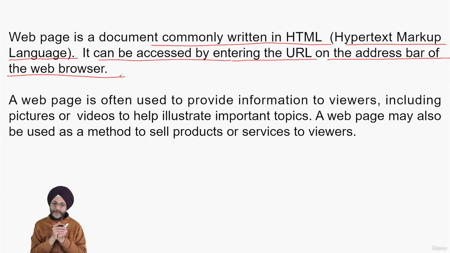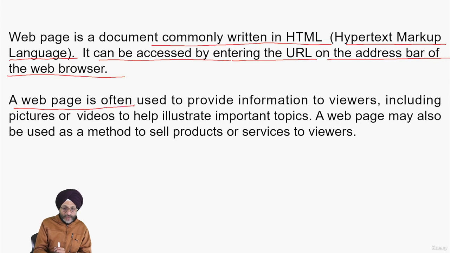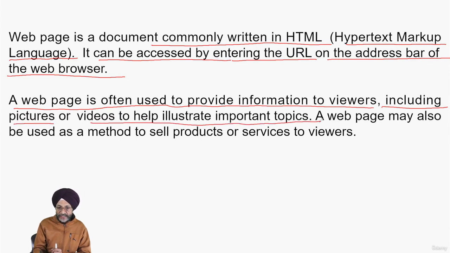Whenever you open a website, you enter something in the address bar. A web page is often used to provide information to viewers, including pictures and videos, to help illustrate important topics. A web page may also be used as a method to sell products or services to viewers.